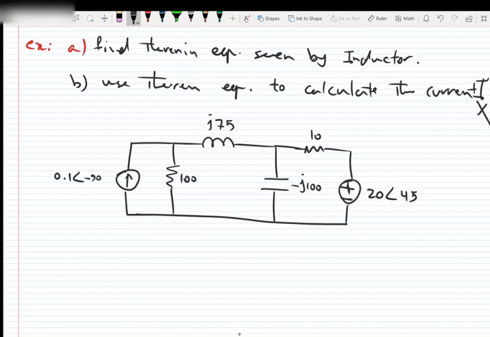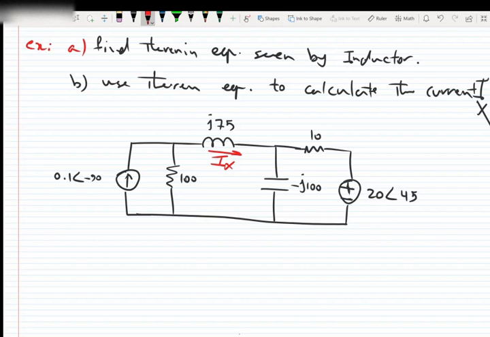Okay, and we want to find first the Thevenin equivalent seen by the inductor, and find the current Ix, which is also the voltage going through the inductor.